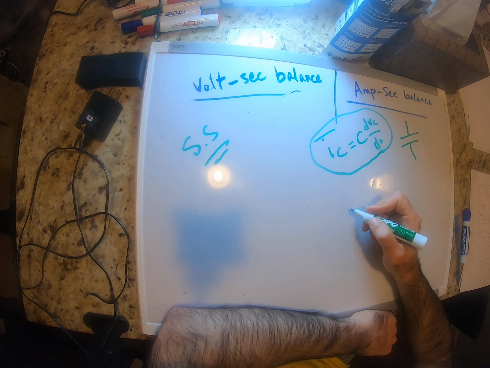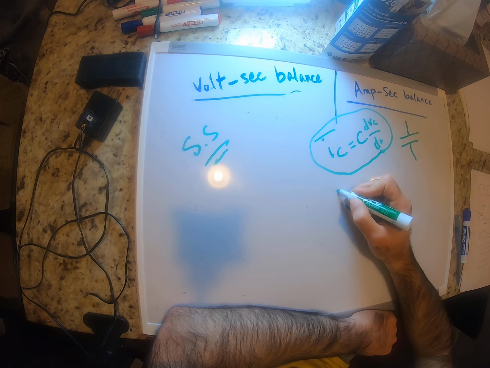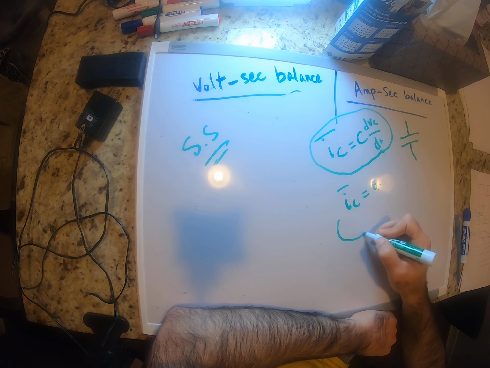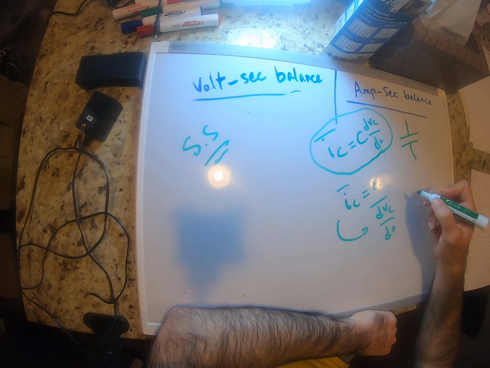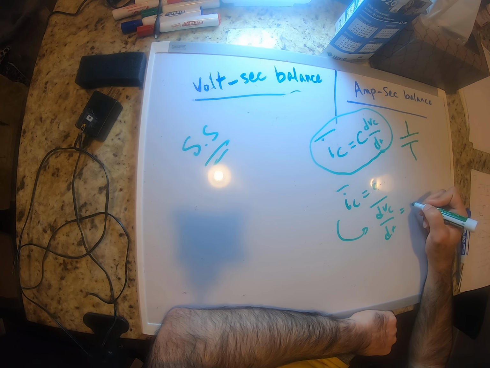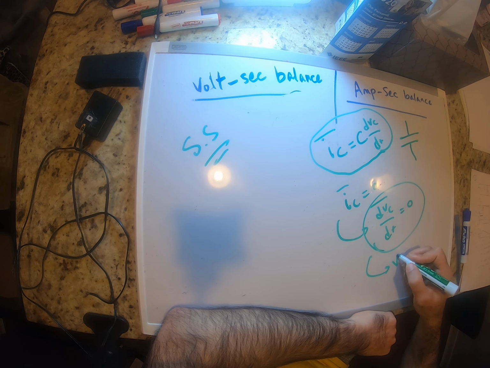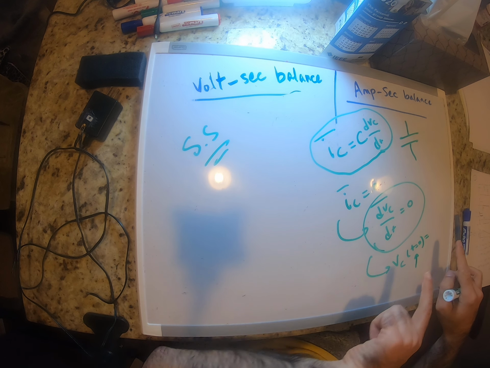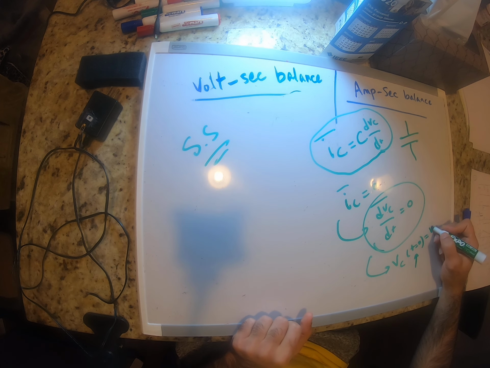It means that if IC average is equal to 0, dVc over dt has to be equal to 0. And this means that the voltage of the capacitor at t equal to 0, at the beginning of the period, I'm just talking about the first cycle, the first period, has to be equal to Vc at t equal to T.